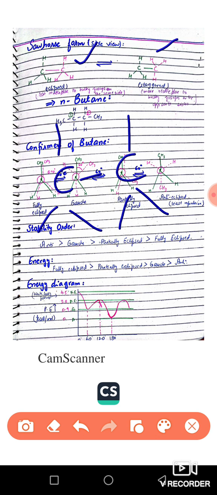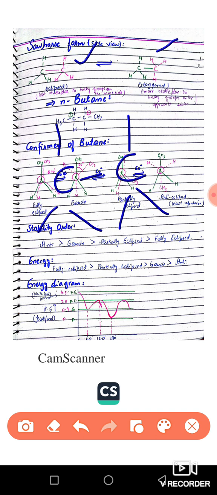Scientists had a lot of difficulty representing them, so they made different projections and forms to write a molecule or isomer, because conformers are infinite in number. So scientists found an easy way to write them, and the Sawhorse form is another form by which you can easily represent it.